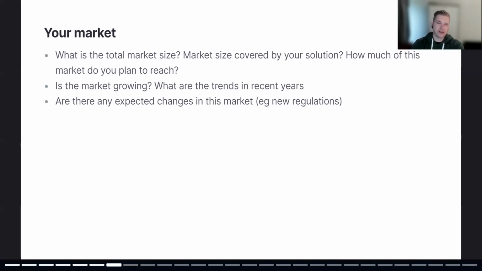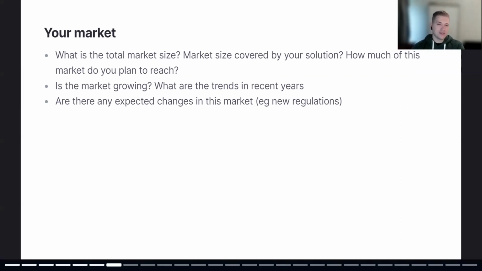About the market, usually there are numbers about the total market and how big a part of that market you are planning to get, because of course not the whole market will be using your product, or you also can't reach the whole market.